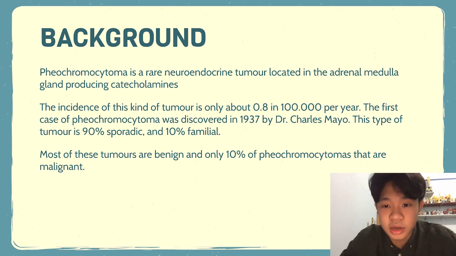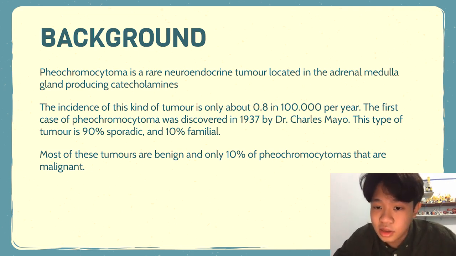Most of these tumors are benign, and only about 10% of pheochromocytomas are malignant. The diagnosis of this tumor includes laboratory and imaging tests. Meanwhile, malignancy in pheochromocytoma is usually diagnosed by metastatic disease or local invasion, because this type of tumor is hard to diagnose microscopically, and the etiology of this disease remains idiopathic.